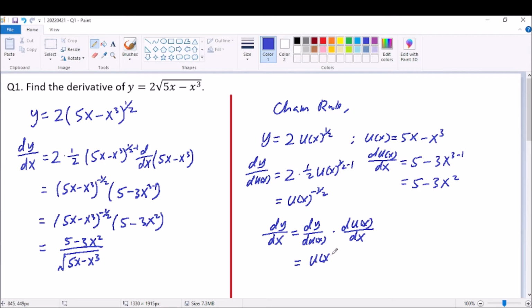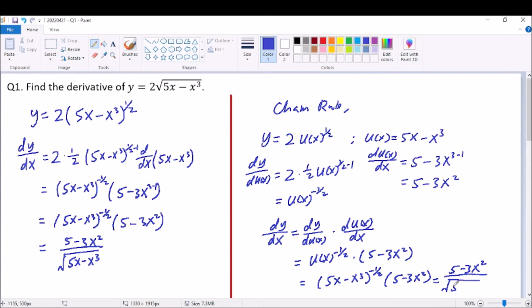It's u(x) to the power minus half, and du over dx is 5 minus 3x squared. So u is (5x minus x cubed) to the power minus half, times 5 minus 3x squared. When we simplify this expression, we have 5 minus 3x squared divided by the square root of 5x minus x cubed.